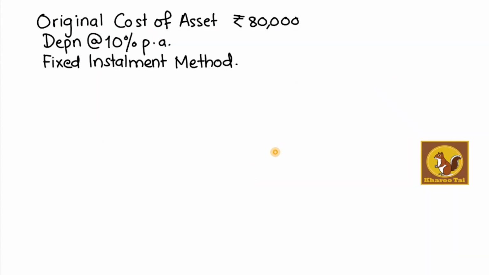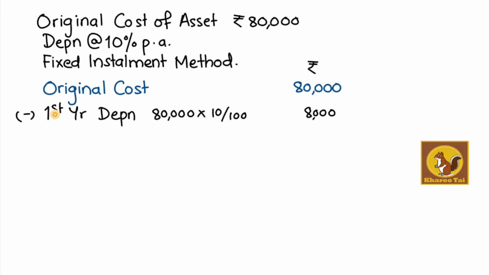Let's see another example. Original cost of the asset is 80,000, depreciation is 10% per annum, and we have to calculate depreciation as per the fixed installment method, that is the straight line method or original cost method. So in this, the original cost is 80,000 and first year depreciation will be 80,000 into 10 divided by 100.